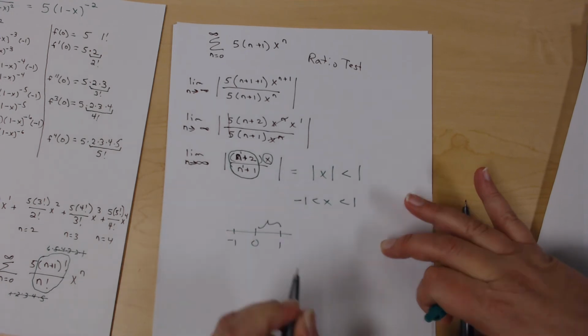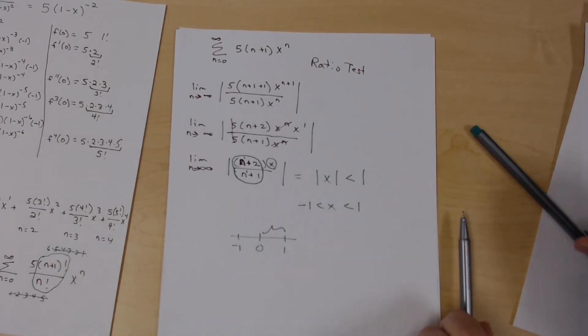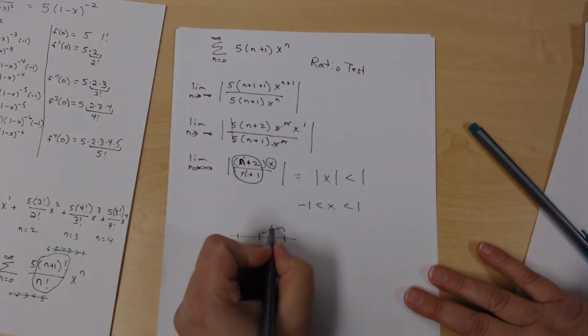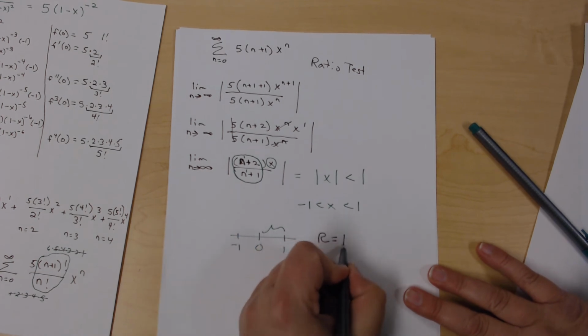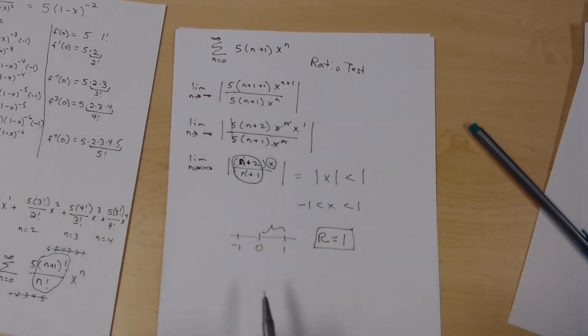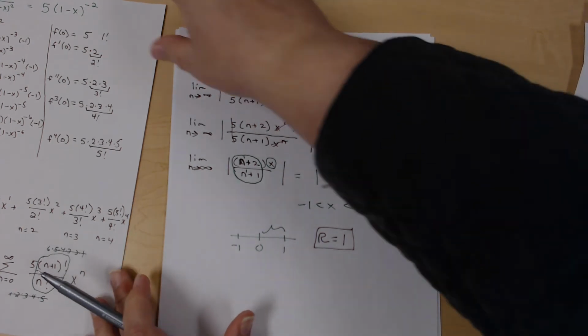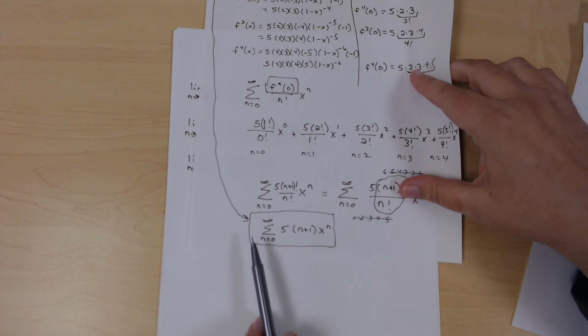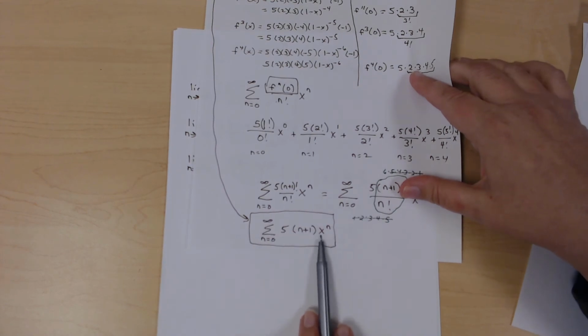So what is my radius? So really, it's only going to work when I choose x values between negative 1 and 1. Okay, this only converges when I choose x values between negative 1 and 1.